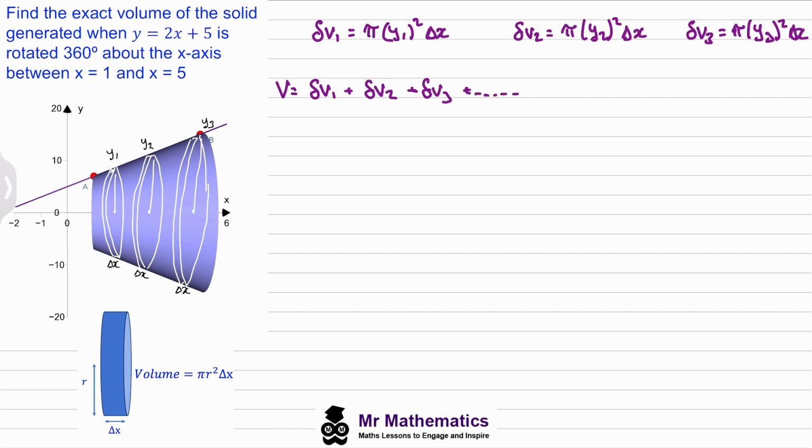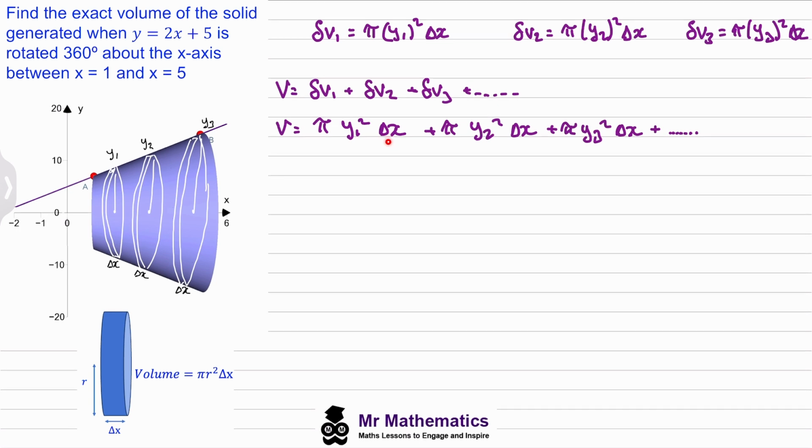And now we can replace each of these volumes with its corresponding equation. So the volume will be pi times y1 squared delta x plus pi times y2 squared delta x plus pi times y3 squared delta x. And this would go on until we reach the limit of our solid.